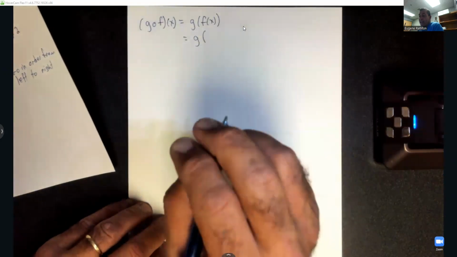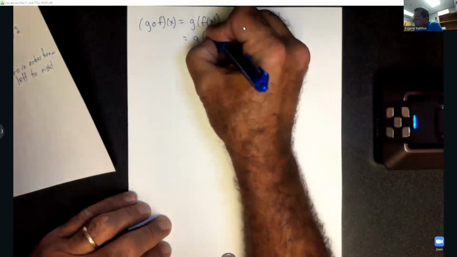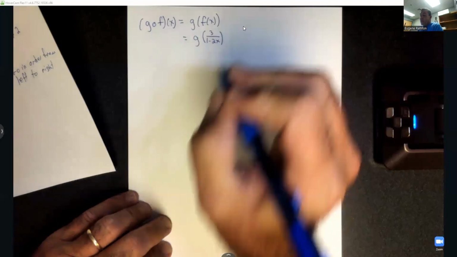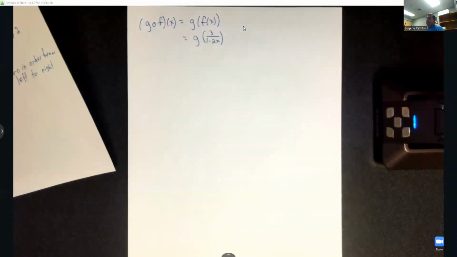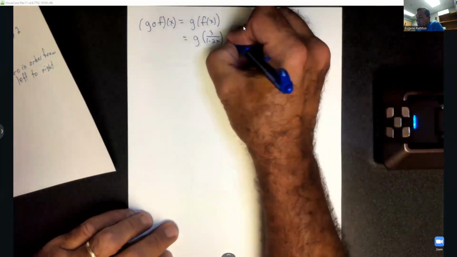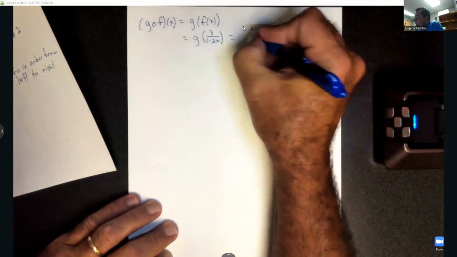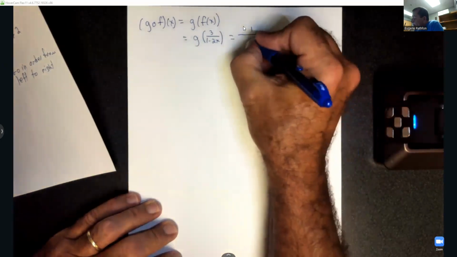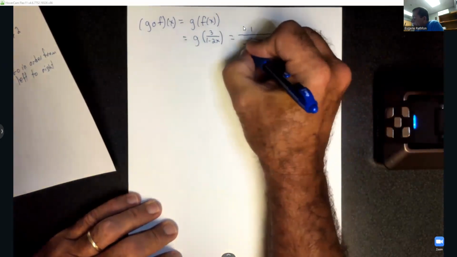All right, so we're finding G of a what? 3 divided by 1 minus 2x. Okay, so we put the whole F in for the G. Unless what? G was 1 divided by my X. And my X is going to be 3 divided by 1 minus 2x.